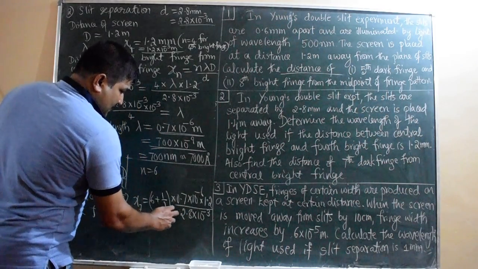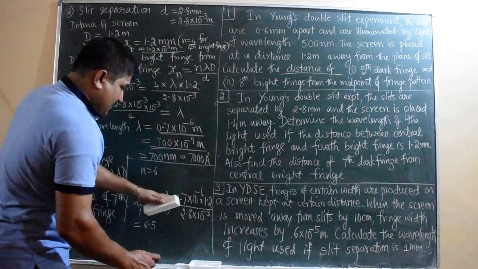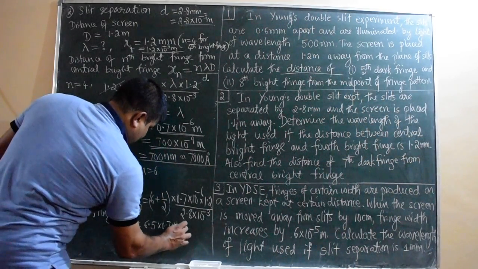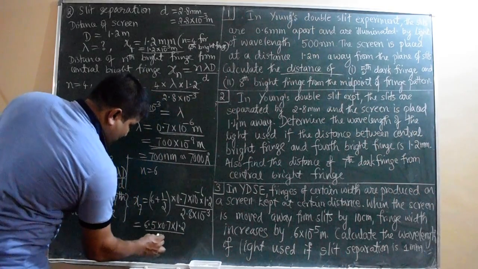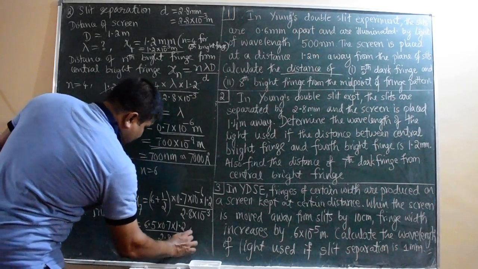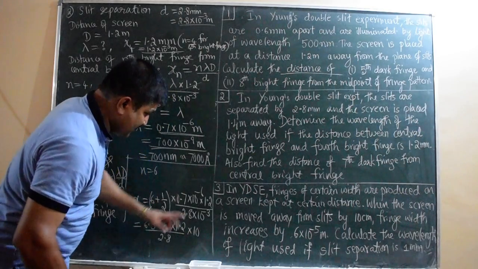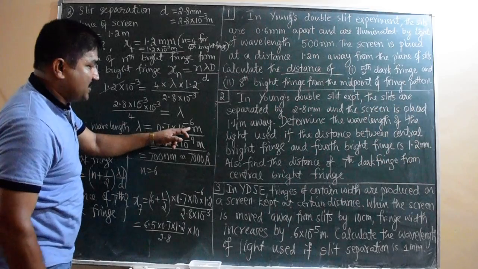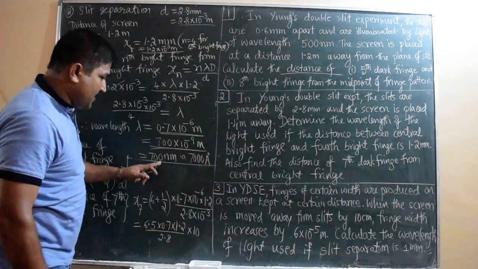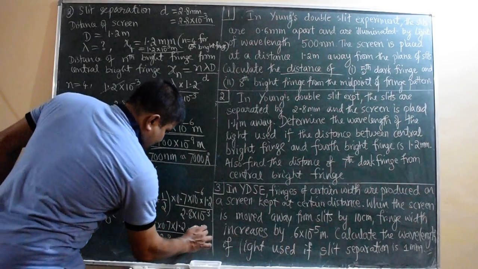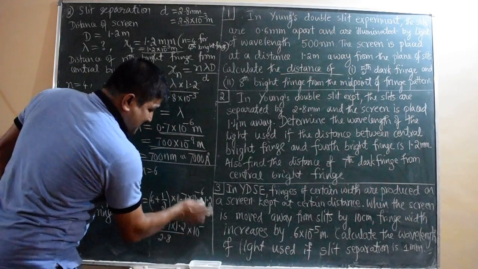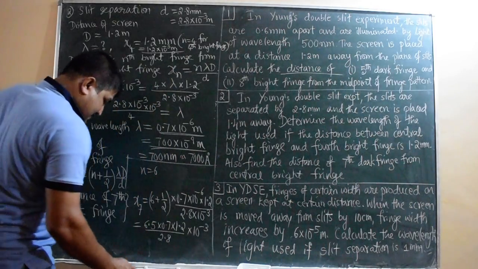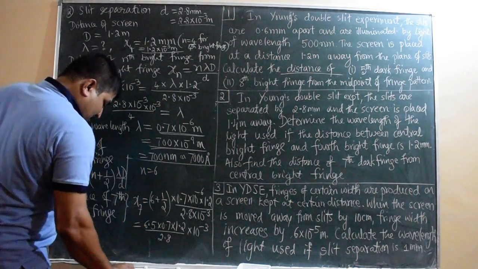Then for the calculation, 0.7 into 1.2, divided by 2.8 into 10 power, finally how much is it? 10 power minus 6 in the numerator, the wavelength we got here, and in the denominator we have 10 power minus 3. So this is minus 6 plus 3, so 10 power minus 3. For the number, use a calculator.